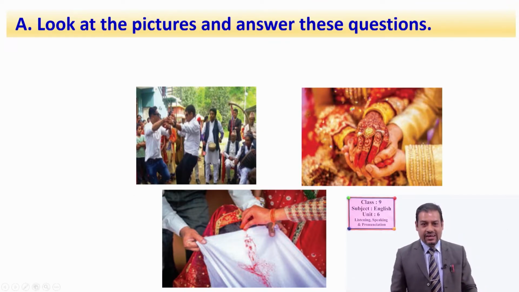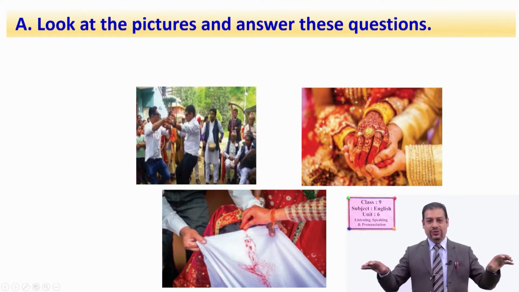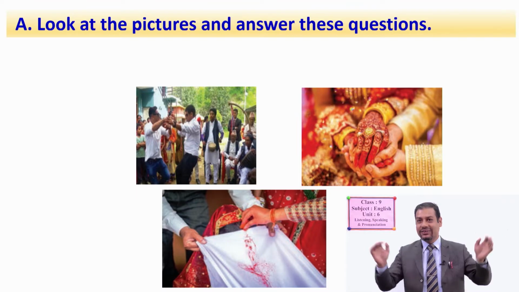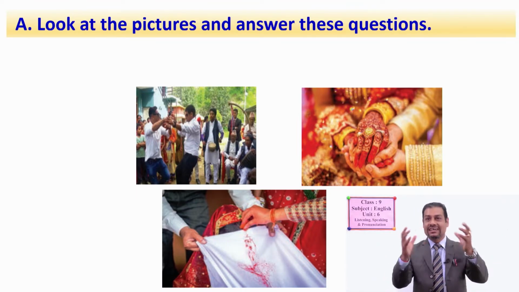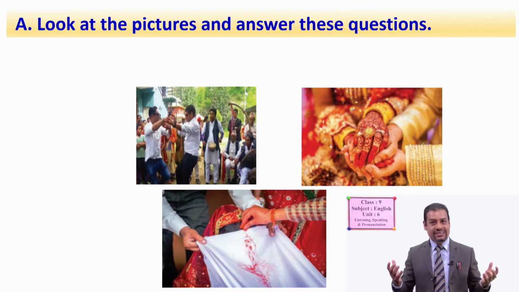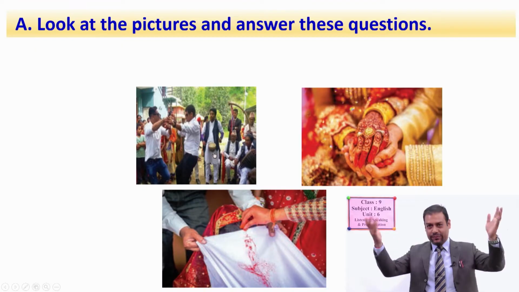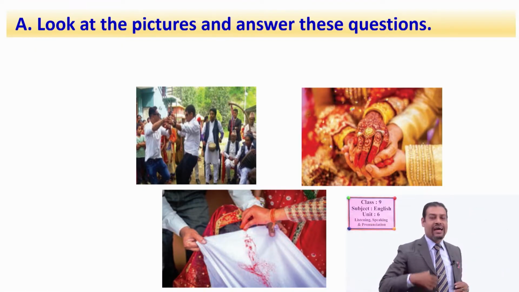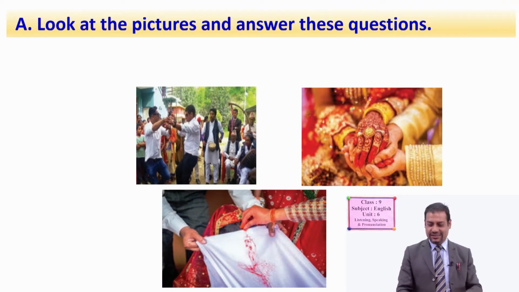You can see the people are playing musical instruments, and some people are dancing. It's very interesting. Have you ever participated in this type of activity in your society, in your community? This is a glimpse of a marriage ceremony. We play the musical instruments, people perform their dances, and they go to bring the bride. Very good job.